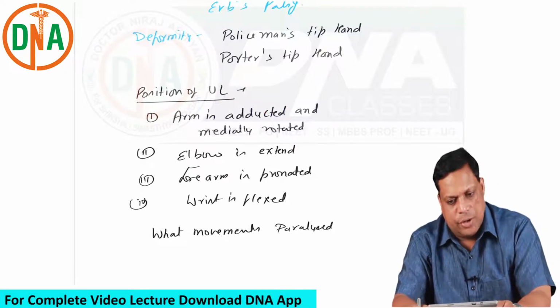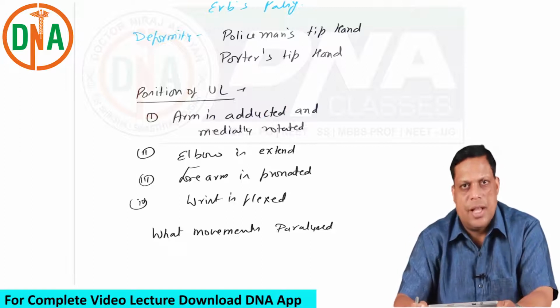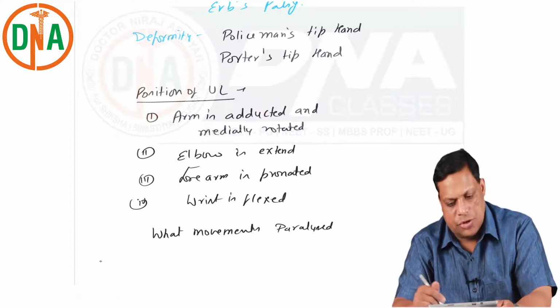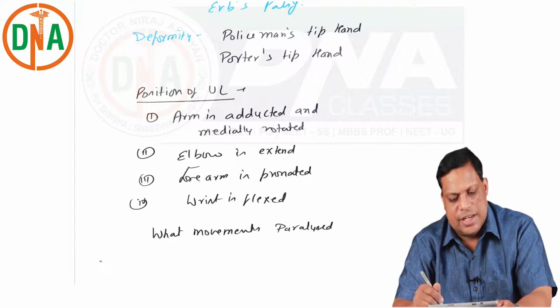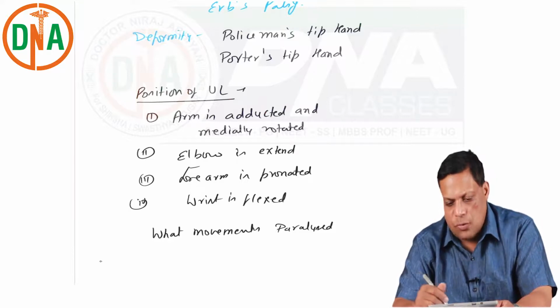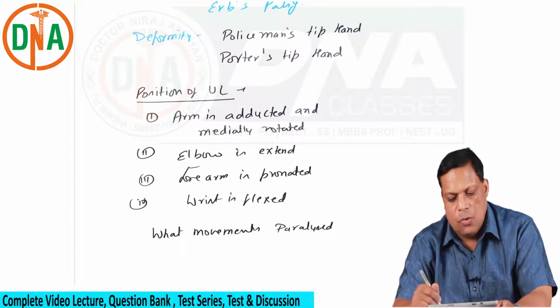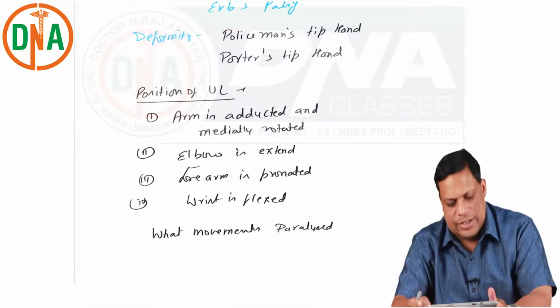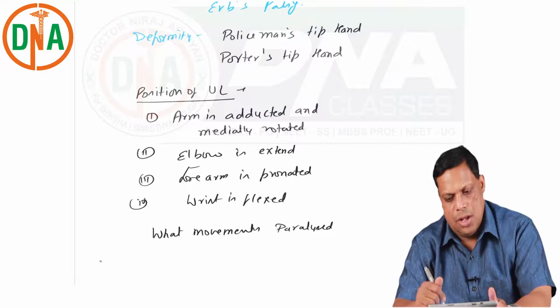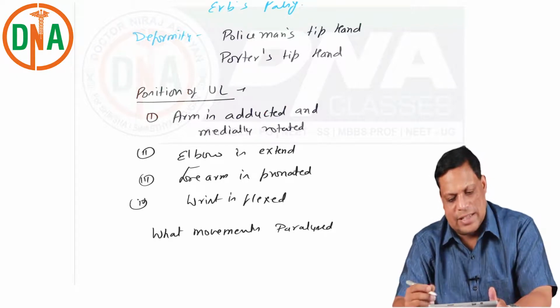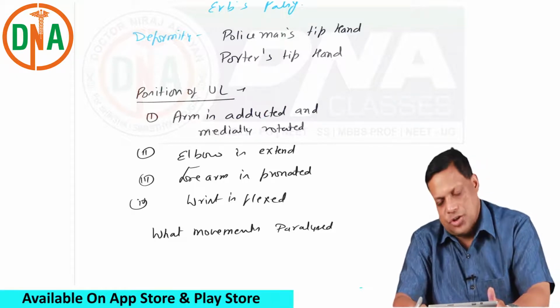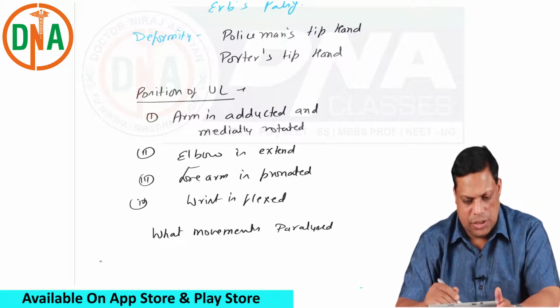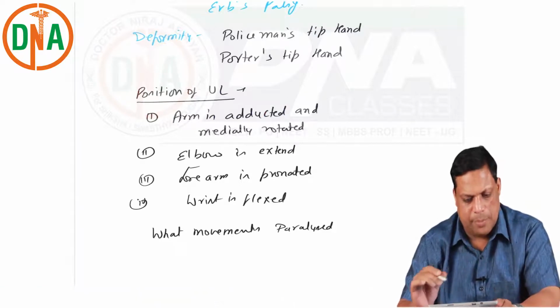Medially rotated, so medial rotation is okay. The problem is in the lateral rotation. Lateral rotation is paralyzed. Elbow is extended because it cannot be flexed, so flexion is paralyzed. Forearm is pronated because supinators are paralyzed. Wrist is flexed because it cannot be extended, so extensors of the wrist are paralyzed. So this is the position of the upper limb.